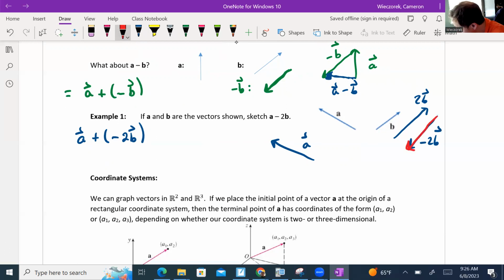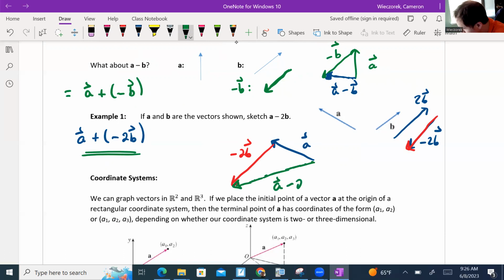So I'm going to take this red vector, negative 2B, and I'm going to move it here. And then I'm going to go tip to tail. I'm going to graph the final one in green. So A plus negative 2B would be the green vector. Okay.